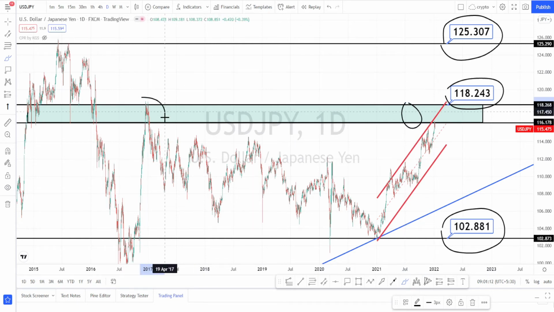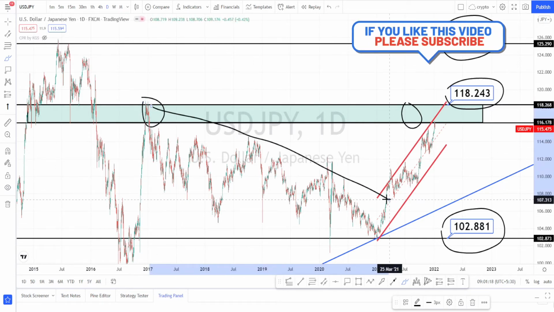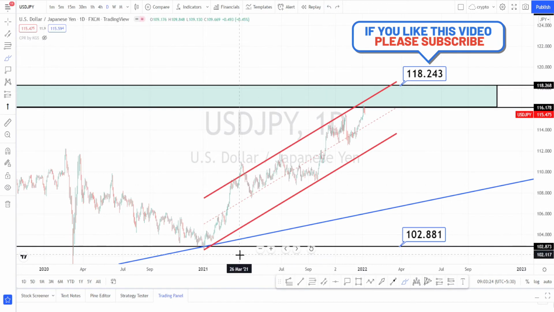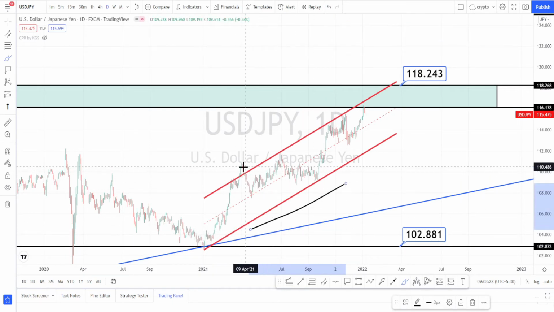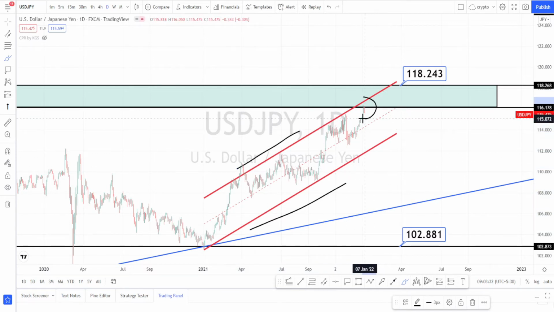And previously also when we look at the price action, it has gone and touched this resistance level and a trend reversal has happened. When we closely analyze the current price action, it is trading within a very nice bullish channel pattern, and currently the price is trying to break this resistance level, but I am seeing a red color candles formation, which means it will retrace, take support on this channel pattern and then bounce back.